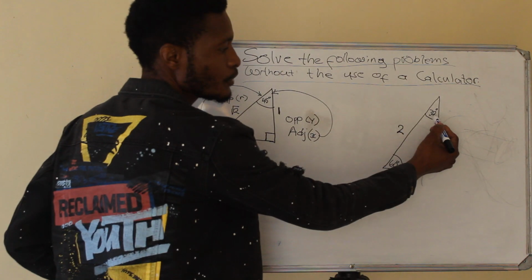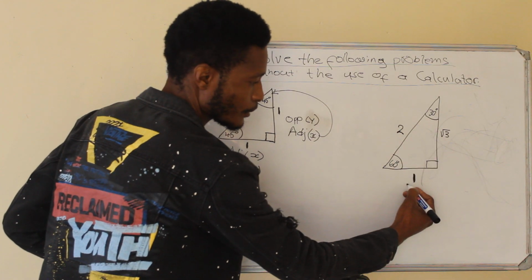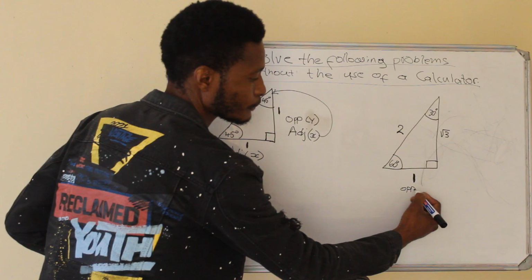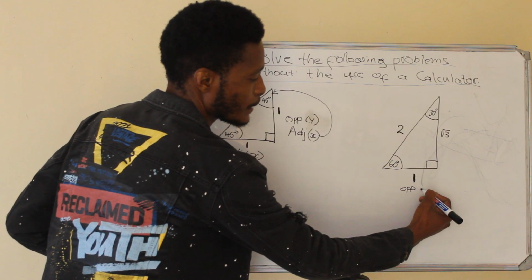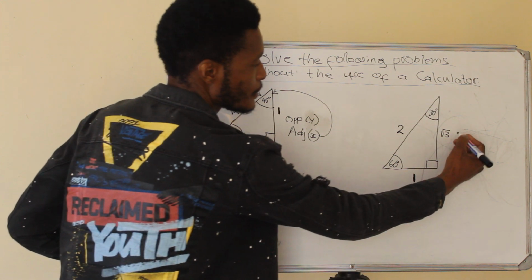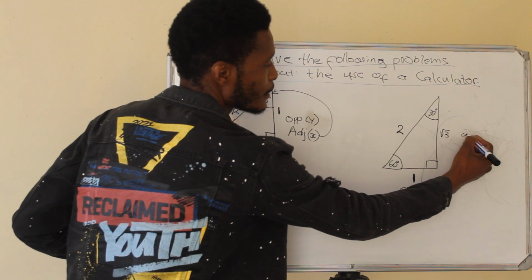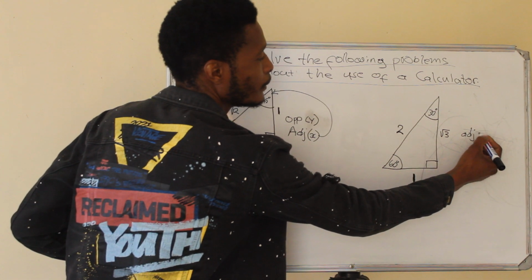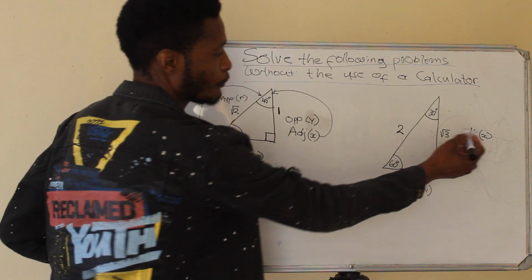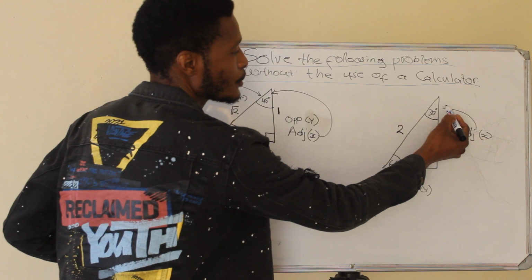Now for the 30-degree angle, this is going to be the opposite side, which is represented by y, and this being the adjacent side, represented by x value. That's if we're talking about the 30-degree angle.